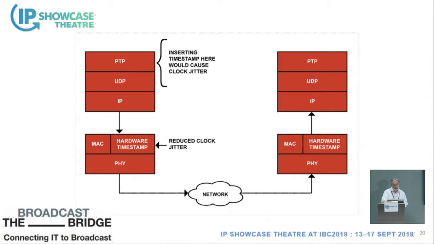Now, if you look at just the top example, the challenge we have there is that the PTP and then passing on to the UDP and the IP, each one of those revolves around having a buffer, because they're handing off between different processes within the CPU, within the operating system, which then generates jitter and delay.